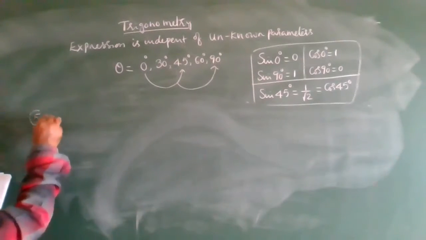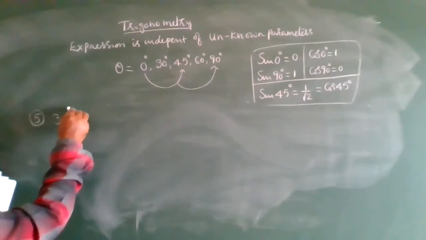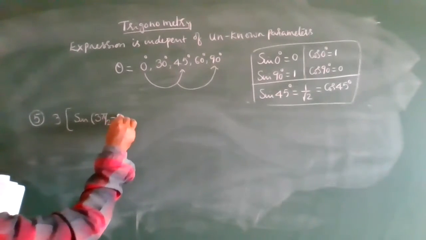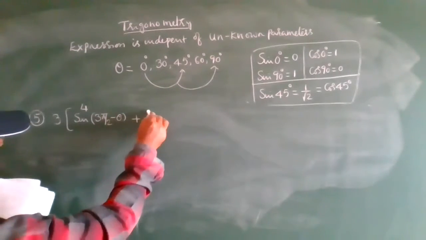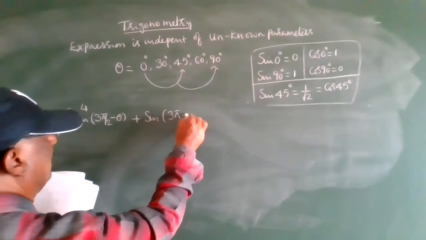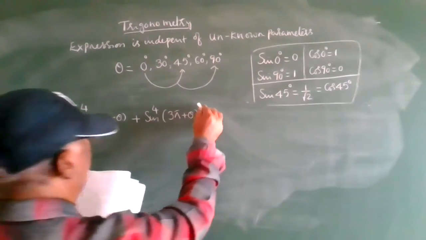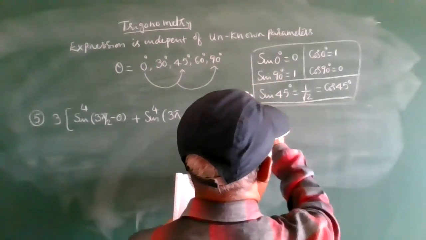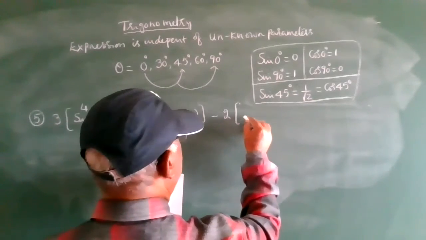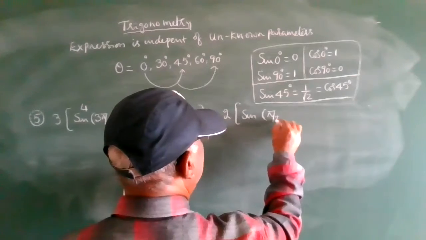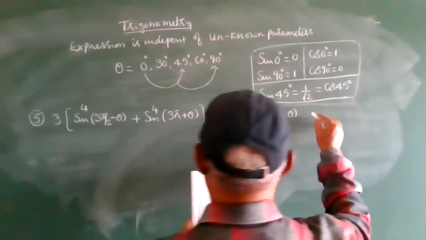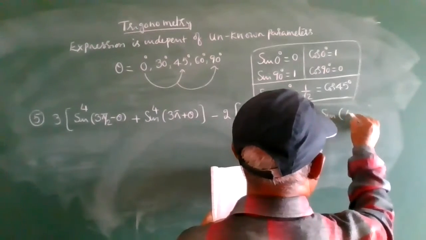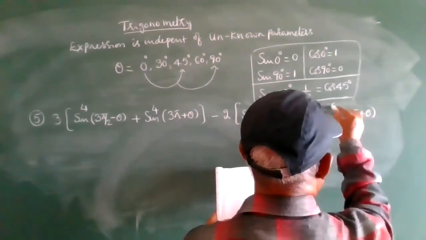Fifth problem is 3 times of sine 3 pi by 2 minus theta power raised to 4 plus sine 3 pi plus theta power raised to 4, plus minus 2 bracket, sine pi by 2 plus theta power raised to 6 plus next one, sine 5 pi plus theta power raised to 6, bracket close.